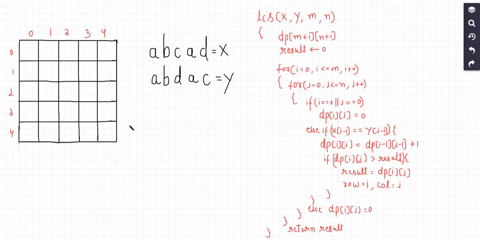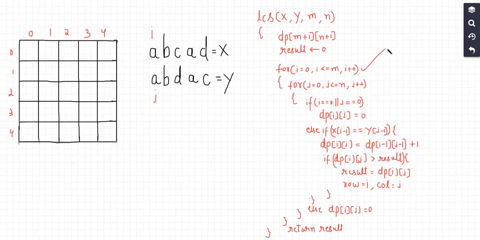Fine. So let's review the solution which we discussed in the previous video, namely the naive dynamic programming solution, which takes a time and space complexity of m cross n. In this solution, we simply used a DP array of size m cross n, and let's say the pointer i is pointing to string x, and the pointer j is pointing to string y.